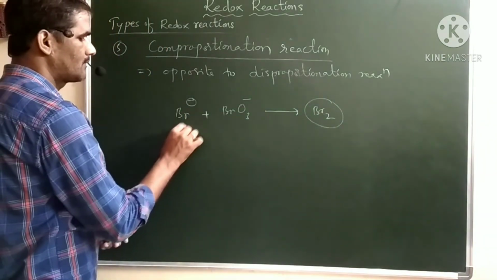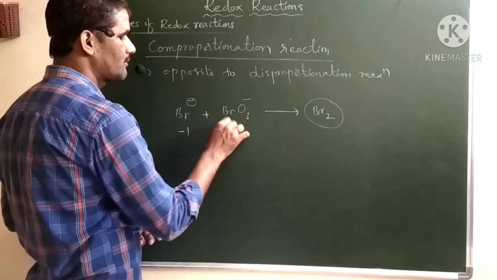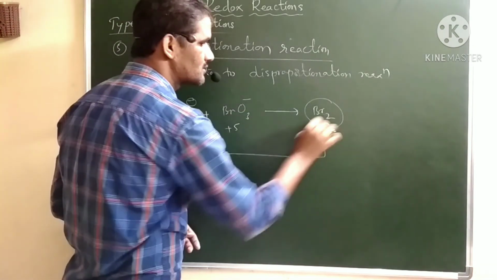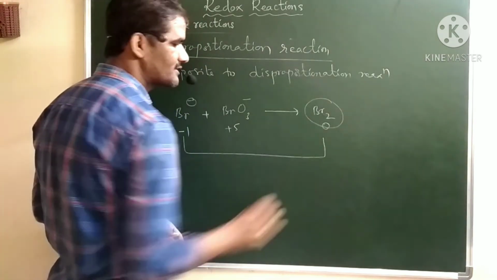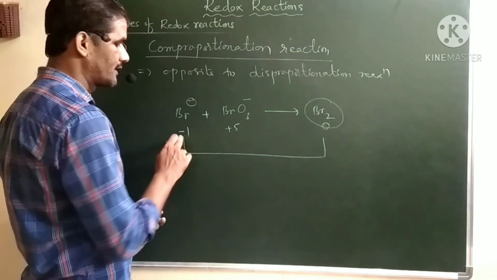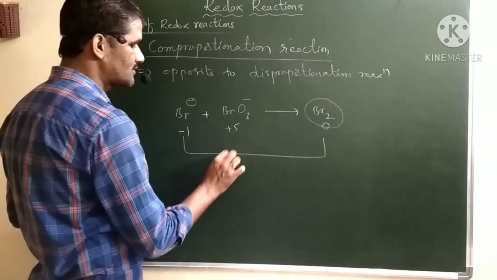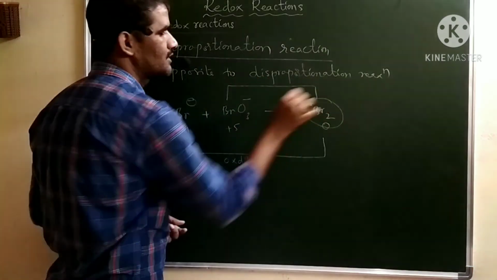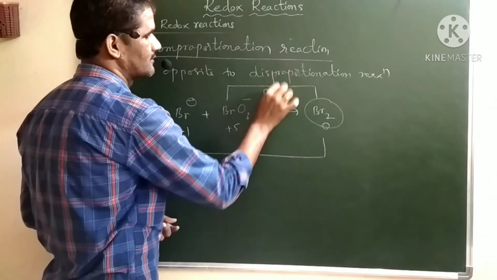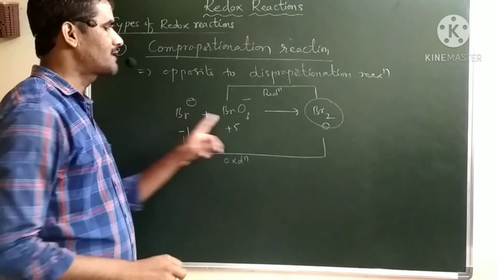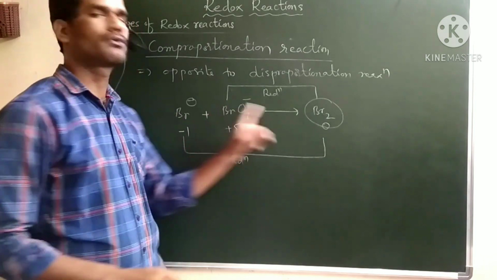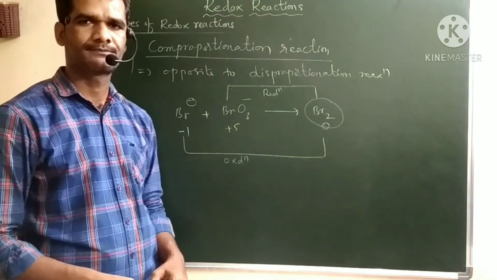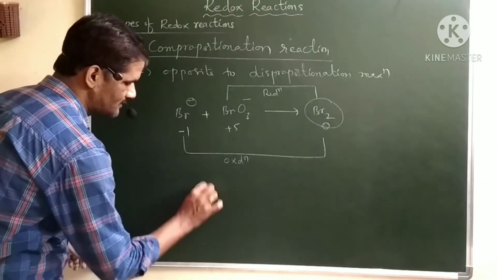Here bromine is in -1 oxidation state, here bromine is in +5 oxidation state, and here bromine is in oxidation state 0, elemental state. -1 to 0 is an increase in oxidation state, and this is the oxidation process. And here bromine +5 to 0, decreasing oxidation state, reduction. So in the two reactants, one is undergoing oxidation, another is undergoing reduction, and they are forming only one product. Similarly, you can take other examples.